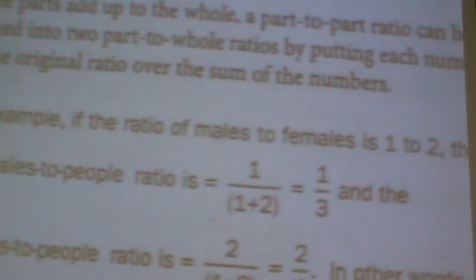If I say the ratio of males to females is 1 to 2, how many people are we talking about? 3. So now they're talking about part to whole. So if I say what's the ratio of males to people, it would be 1 to 3. If I said females to people, it'd be 2 to 3. That's part to whole. You get it?